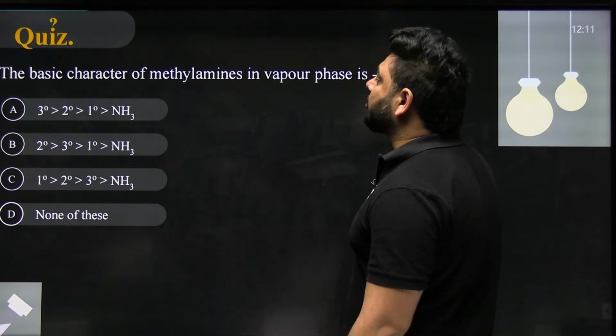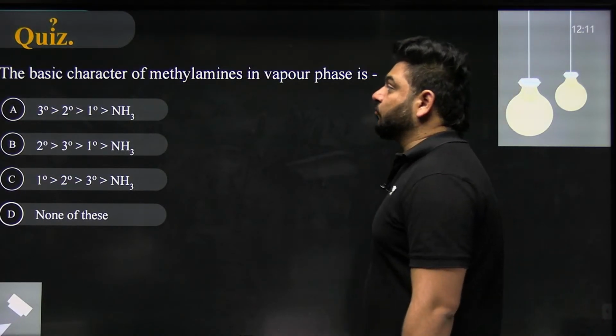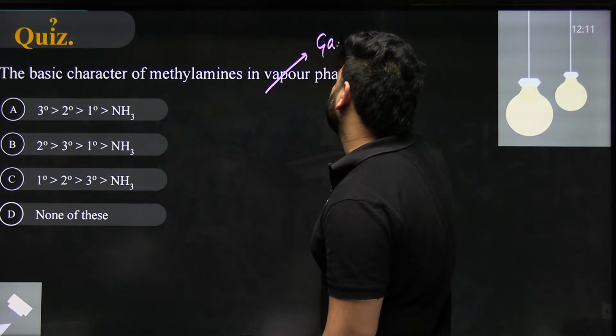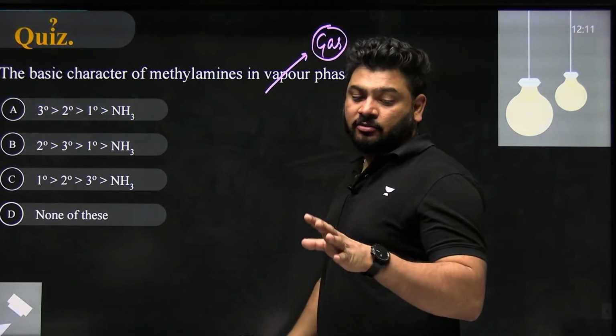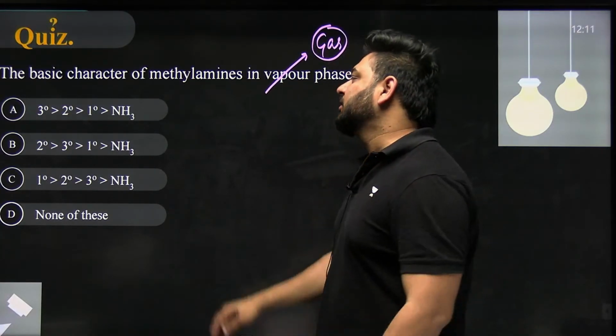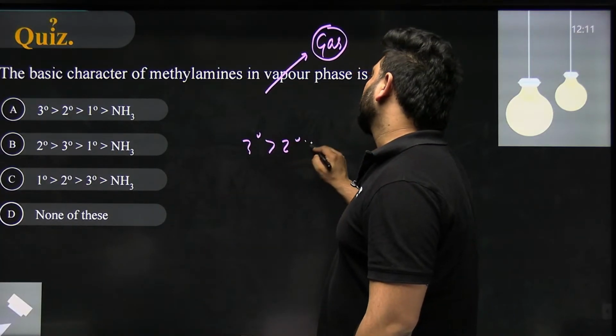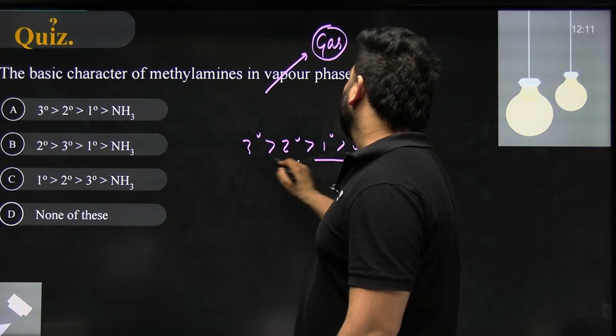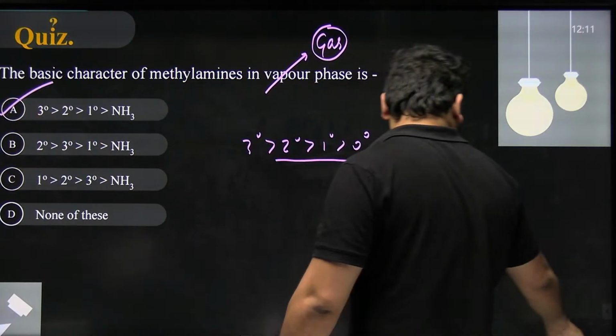Next: the basic character of methylamine in vapor phase. Vapor phase means gas phase. No hydration, no solvation. Just simply take 3 degree, 2 degree, 1 degree and 0 degree, which is ammonia.